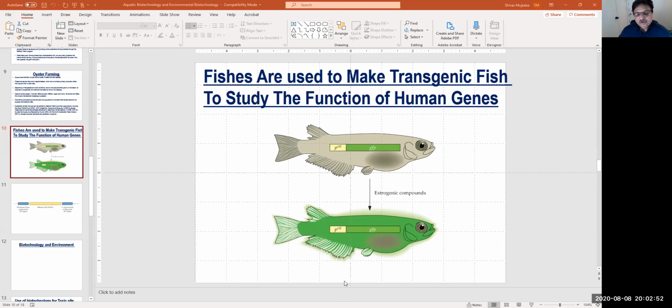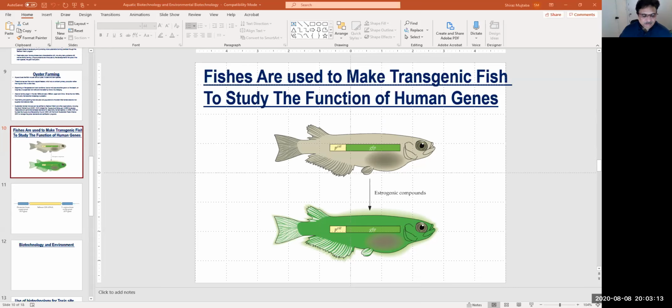And we don't know what genes are involved in memory loss due to aging or accidents. A lot of proteins and genes are involved in the brain network and nervous system, and we don't have a clear understanding. So in these diseases, fish serve as a model.